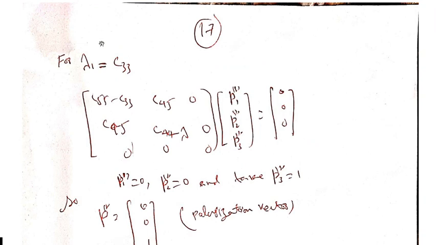Now for the first eigenvalue, we will find the eigenvector of this gamma tensor, this propagation tensor, which is basically the polarization vector. If you go back to the previous lecture, you can see that gamma IL PL equals rho V square PI, where PI are the eigenvectors and they are basically the polarization vectors.